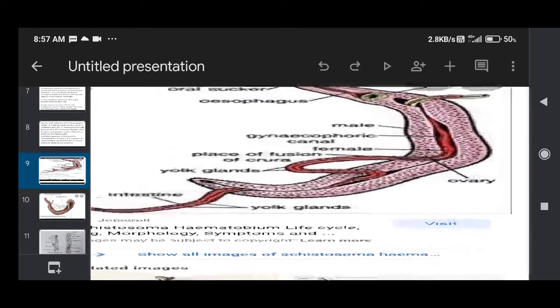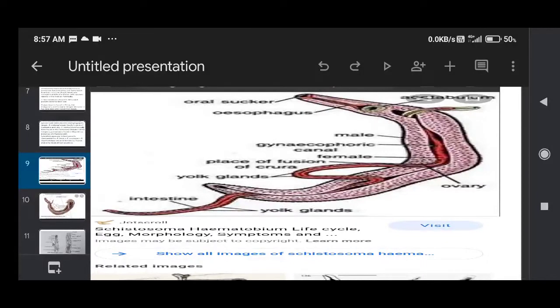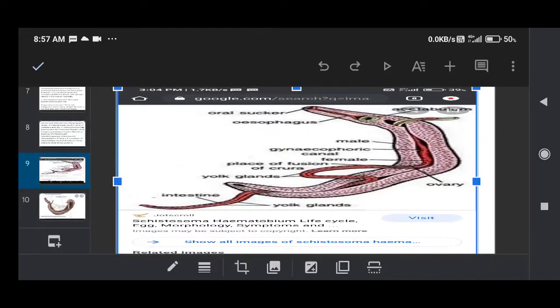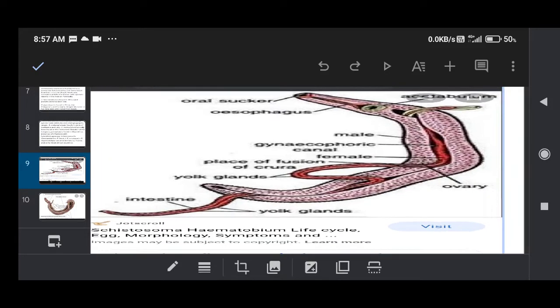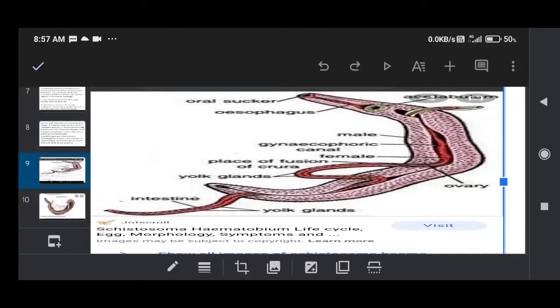Next, the structure of Schistosoma haematobium. It shows remarkable sexual dimorphism. The male is thick and smaller than the female; the male size is up to 50 mm, and the female size is up to 20 mm.